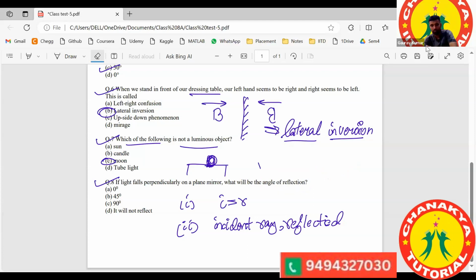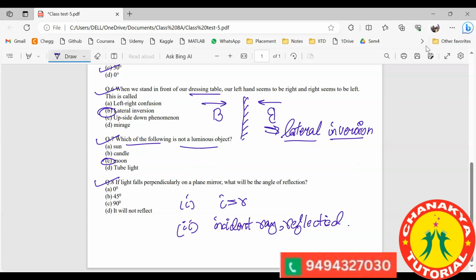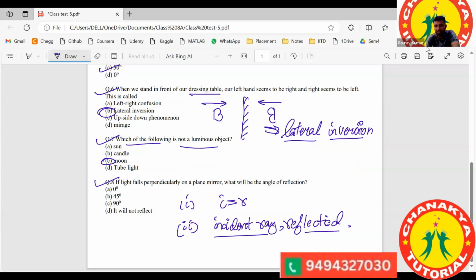This is the language of the law. The law says that the incident ray, reflected ray, and the normal to the mirror, normal being perpendicular to the plane, all lie on the same plane.